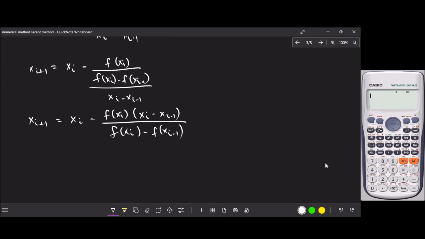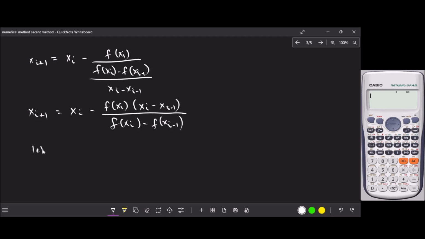Let our i be equal to 1, so our i minus 1 will be equal to 0, which is a step lower. Then our i plus 1 is the position of our root.